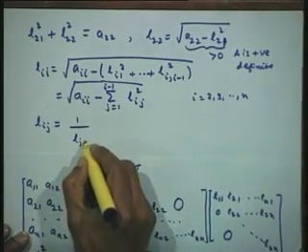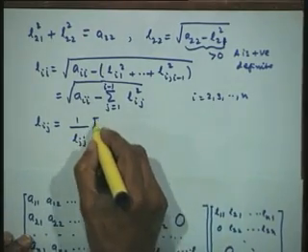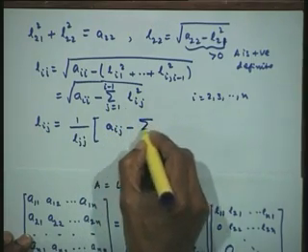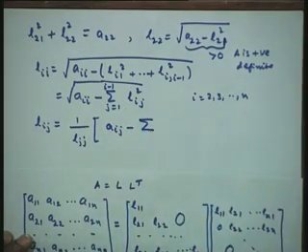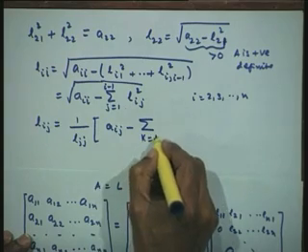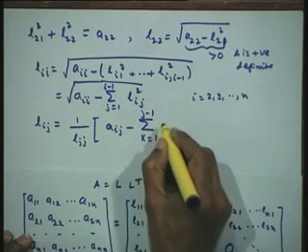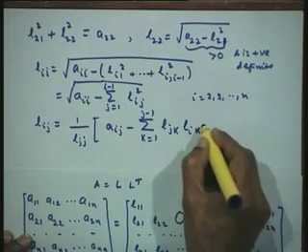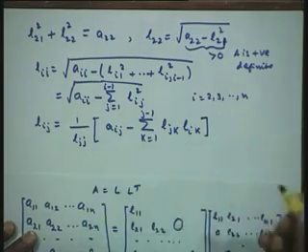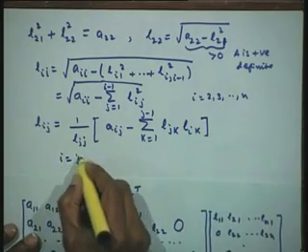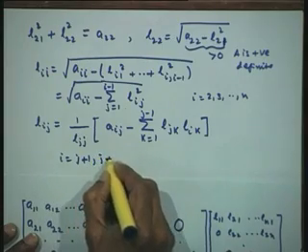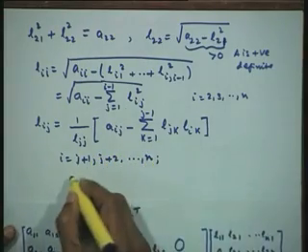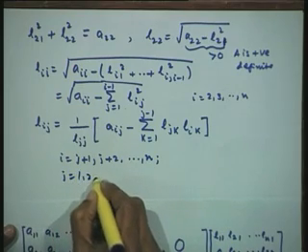So we will have here division by Ljj and you will have here Aij minus summation. This does not have any square roots, so it will be simply k is equal to 1 to j minus 1, Ljk Lik. This holds for all the elements below the diagonal, that is i is equal to j plus 1, j plus 2, and so on to n, and of course j is equal to 1, 2, 3, up to n.